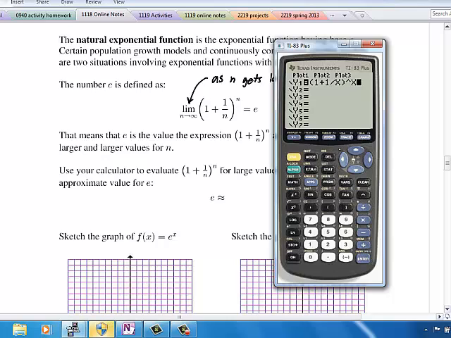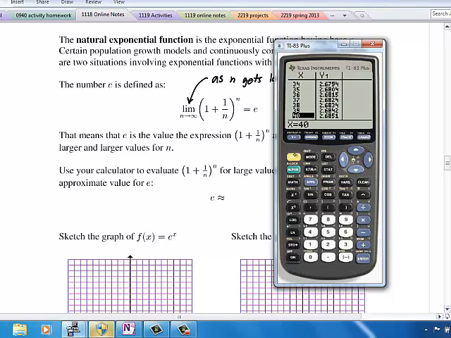And then let's look at our table. Notice for what I've got right here, it says if x is 0, I have an error. But we've got x equals 7, 8, 9. We can see these are just growing, and they're still growing, still growing a little bit.